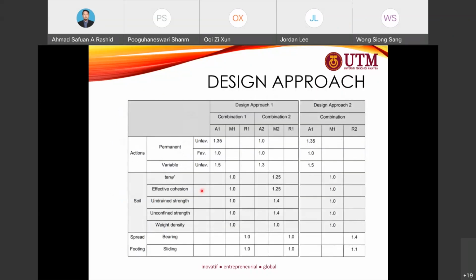So this is an example of design approach 1, the partial factors of safety for combination 1 and combination 2, and also design approach 2, which only has one combination, under A1, M1 and R2.